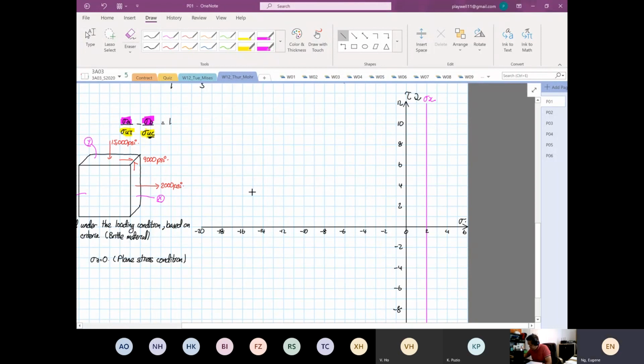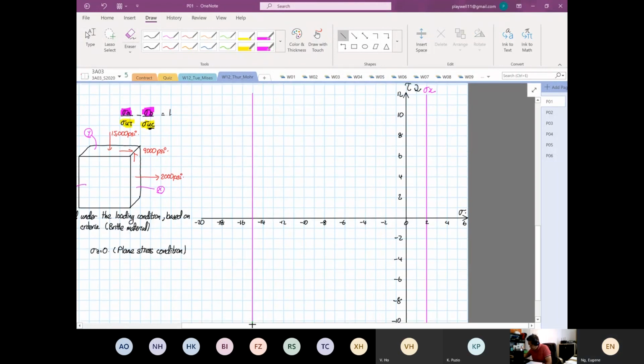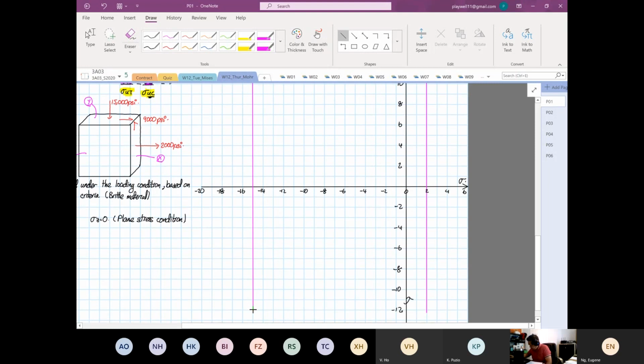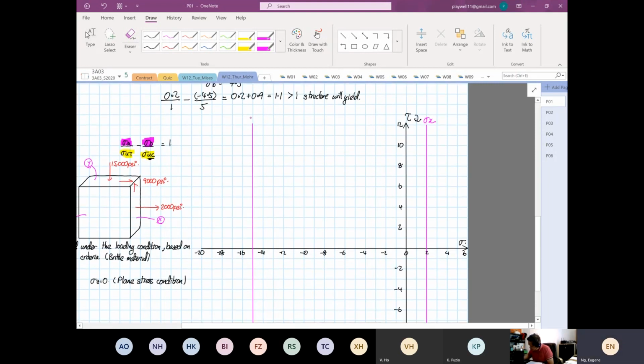This is our stress Y line. And we have our stress Z line, which is 0. Immediately we know where our Z point is. Our Z point is exactly over here. So this is our Z.